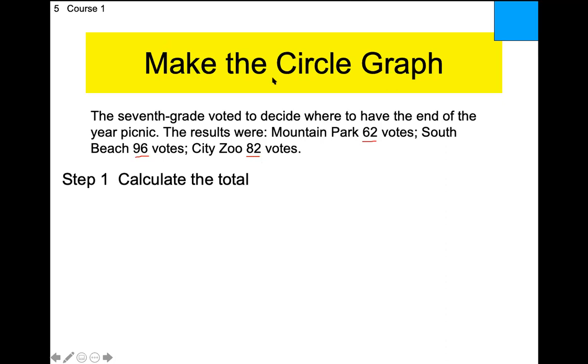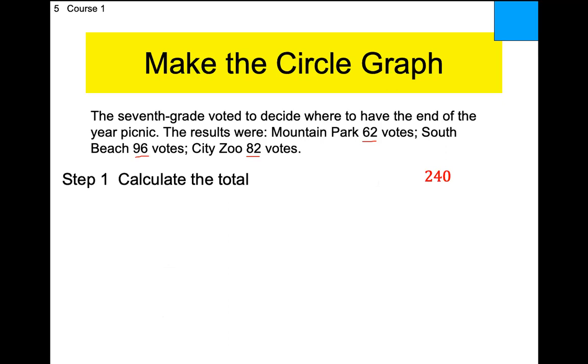I'm calculating the total votes that were counted, so I'm going to add those up. 2 plus 6 is 8, plus 2 is 10, carry the 1, 8 plus 9 is 17, plus 6 is 23, plus 1 is 24, so I get 240. In step 1, I calculated the total: 240.